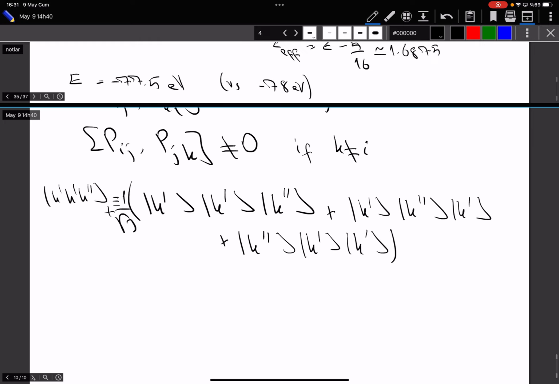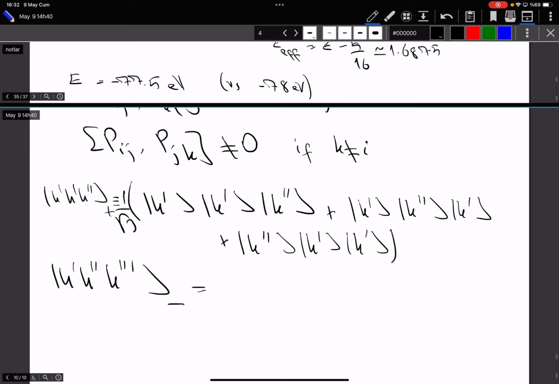Now, since two of them have the same state, then I don't have a completely symmetric wave function. Well, if I would like to write a completely anti-symmetric wave function, then all of them have to be different.